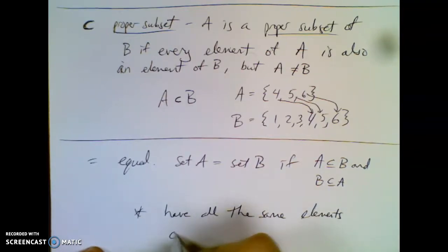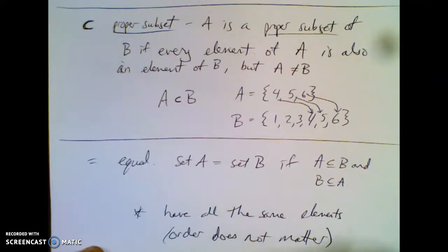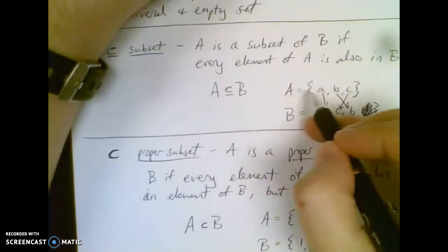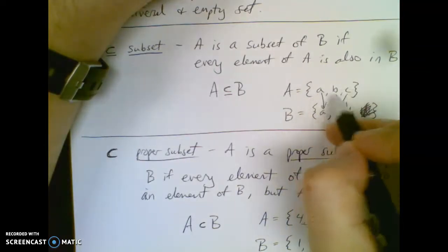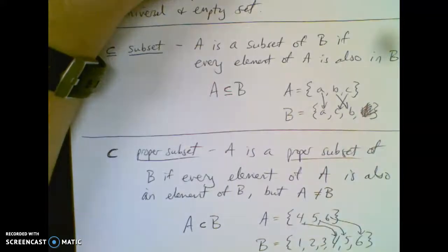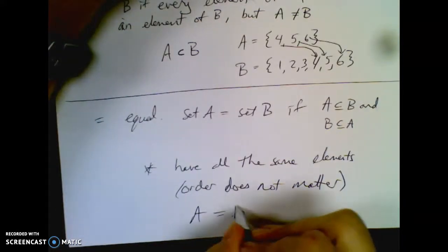Reminder, order does not matter. So these ones up here, not only is A a subset of B, but A is also equal to B. So anyway, you just write it like this.